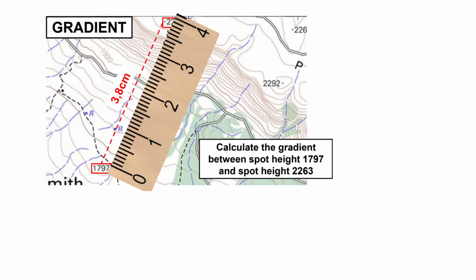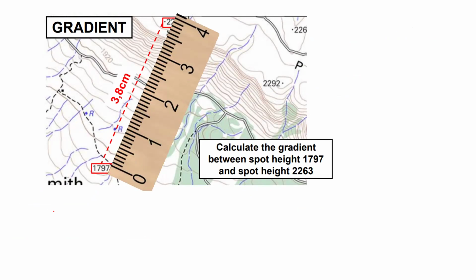And then we also have this last one. Here we are given the distance from this point to that point. The distance on the map is 3.8 centimeters. Remember, we need to calculate the gradient between the spot height 1,797 to spot height 2,263.